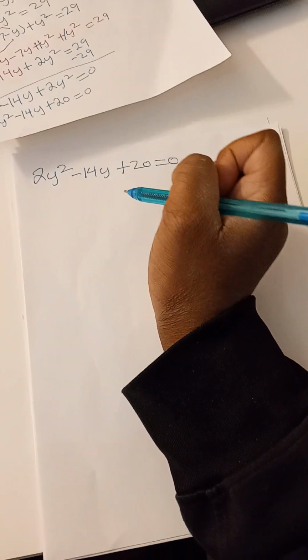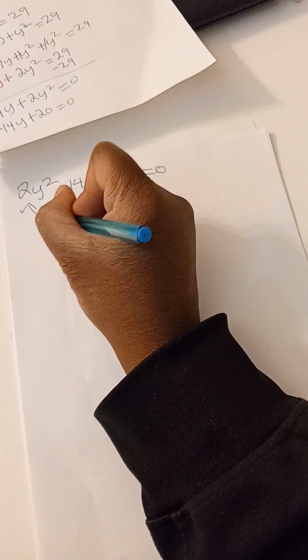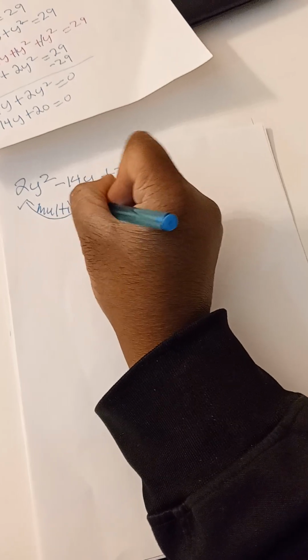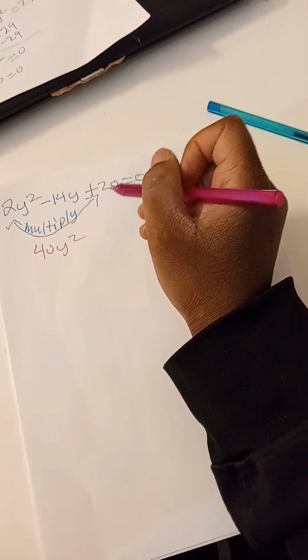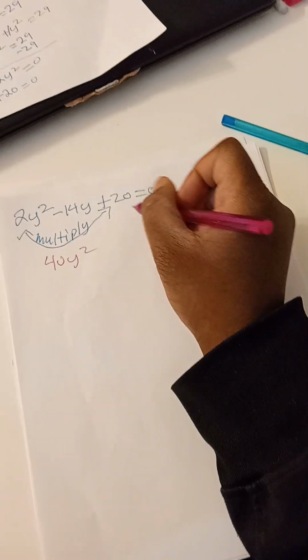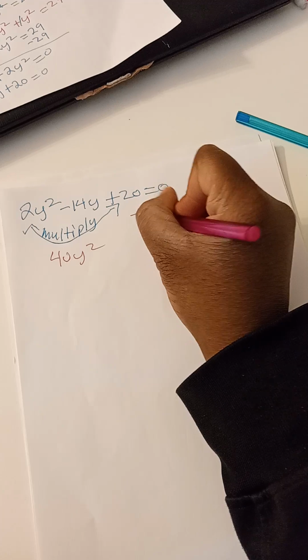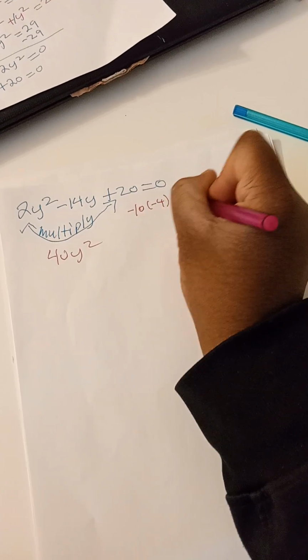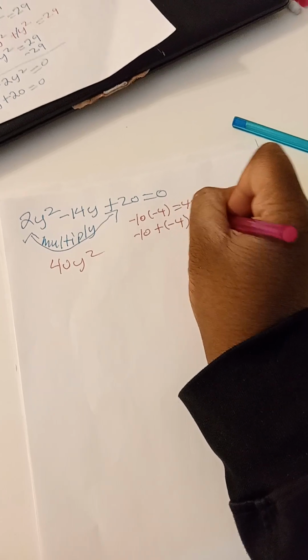We need to multiply the first and third terms, I should say, and we will obtain 40y squared. This equation should be factorable. So what multiplies to be 40 and adds to be negative 14? Negative 10 times negative 4 is 40, and negative 10 plus negative 4 is equal to negative 14.